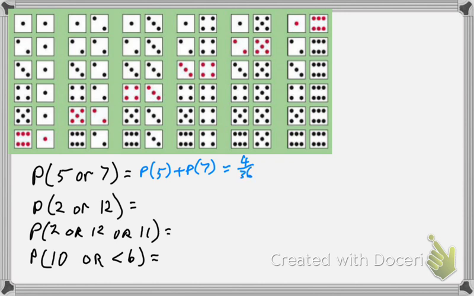So 4 out of 36. A 7, they're the ones in red. Six out of 36. So 10 out of 36. And if you want to reduce that to 5/18, you can.